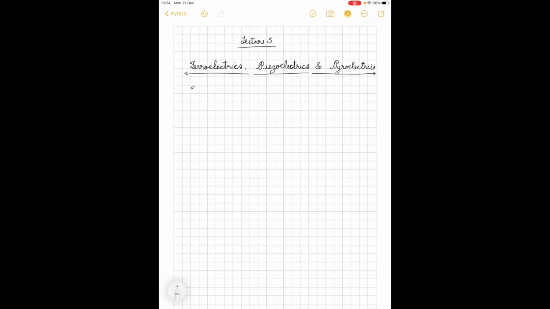Okay, so I'll begin with ferroelectric materials. And we'll also see what is the difference between the ferroelectric material that we are talking about and the dielectric material that we just studied.